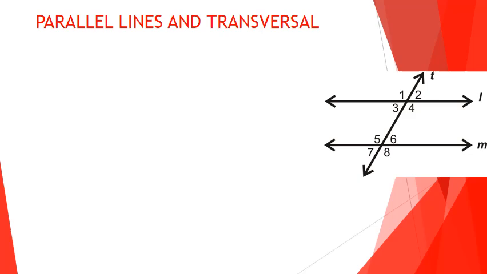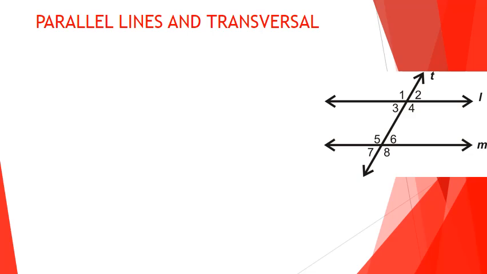The angles which lie on the same side of the transversal and in the same position also, or same place, meaning above the line or below the line. So first we take the transversal T and its left side angles. Which are the corresponding angles? First, the angles lying above the line: angle 1 and angle 5.